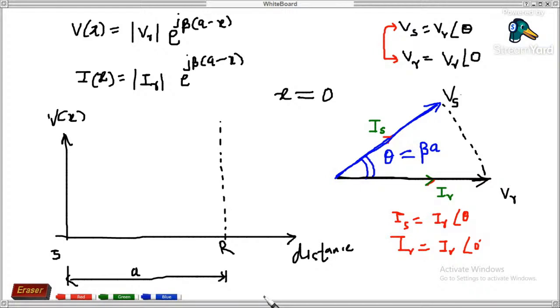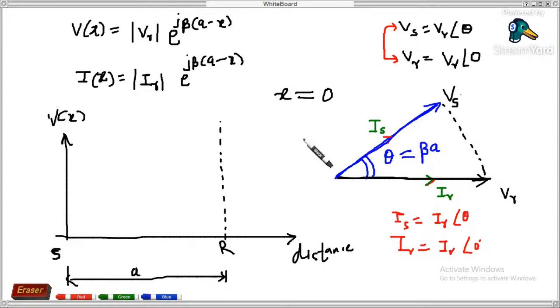Total 1 kilometer, a mile length line. Here will be the source side, here the receiving end side. Fine. But if you observe these two equations, Vs and Vr, obviously at this point the voltage will be the sending end voltage Vs, and at this point the receiving end voltage Vr.